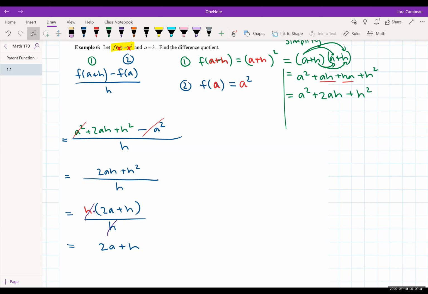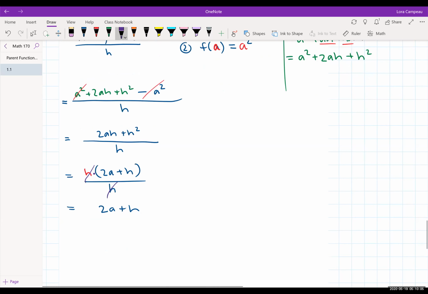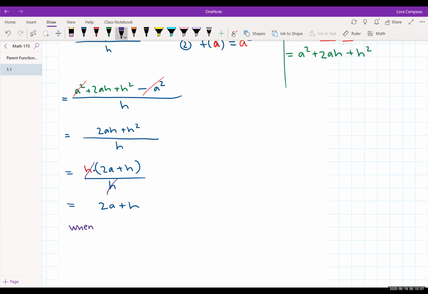Keep in mind, when I'm done with the problem, there's a lot of math going on. I always want to read the original directions and see if I've answered everything. And it asked me to find the difference quotient, but it's also got one little tag on it. It's asking me what happens when a equals 3. So the very last part of this particular problem is trying to understand what happens when a equals 3.